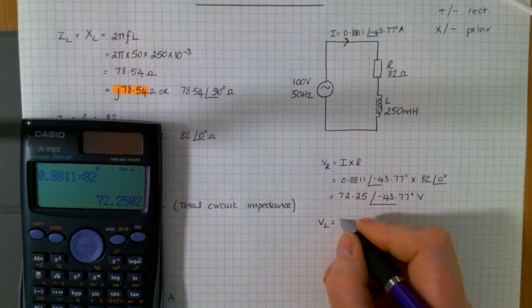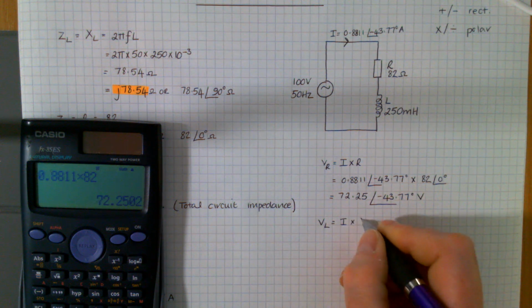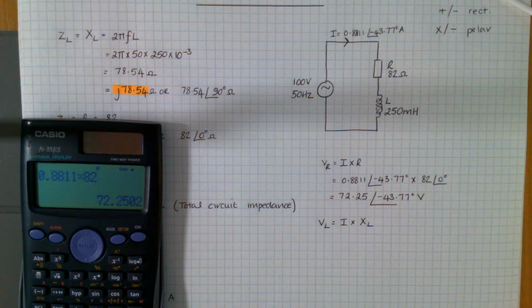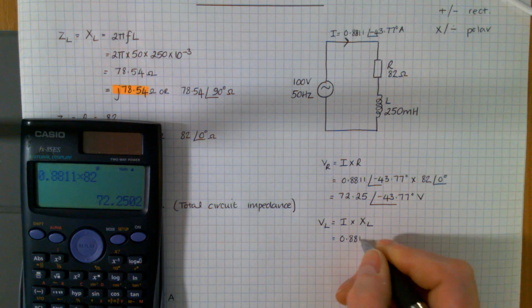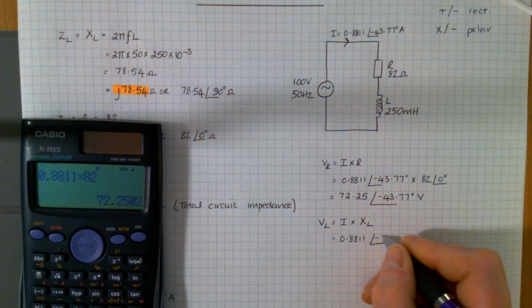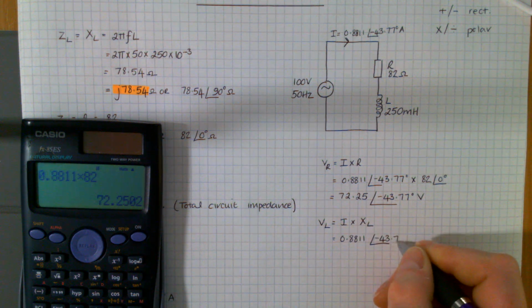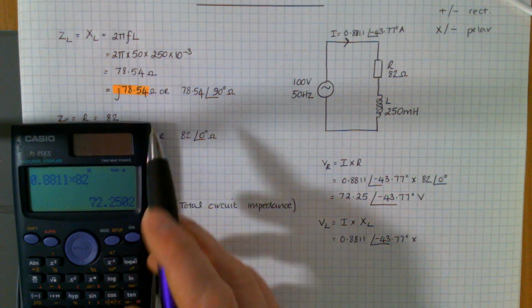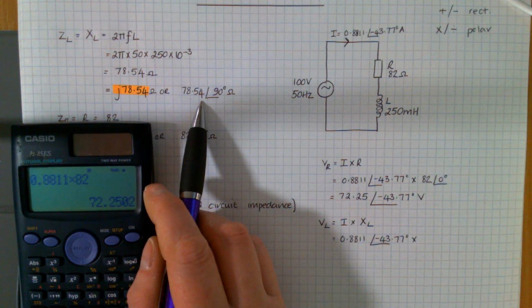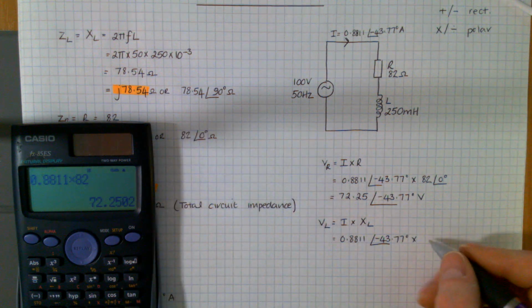Then my VL will be I times XL. So the same current, and my XL is a polar number up here, 78.54 at an angle of 90.